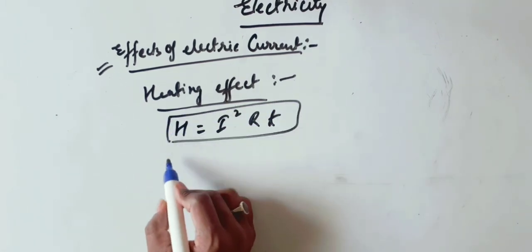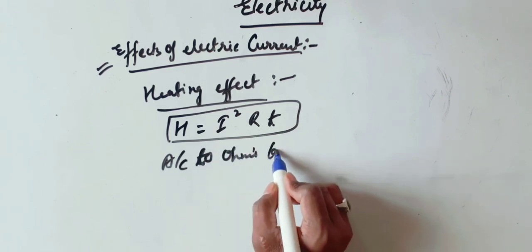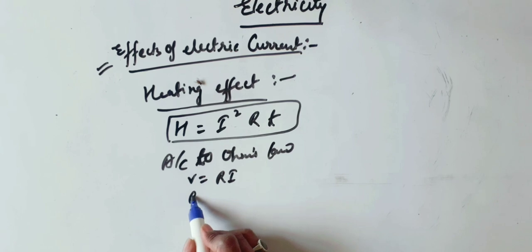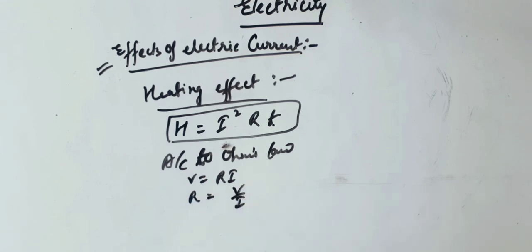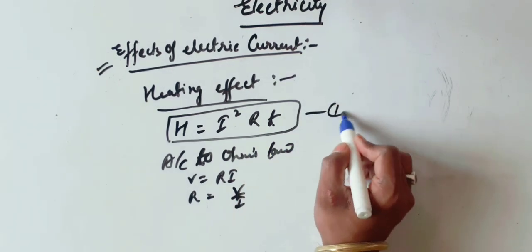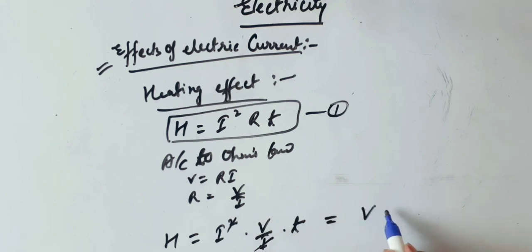According to Ohm's law, V is equal to R into I, so R is equal to V upon I. On putting the value of R in this first equation, we get heat equals I square into V upon I into T. One I is cancelled, and we get V I T. This is another formula for heat.